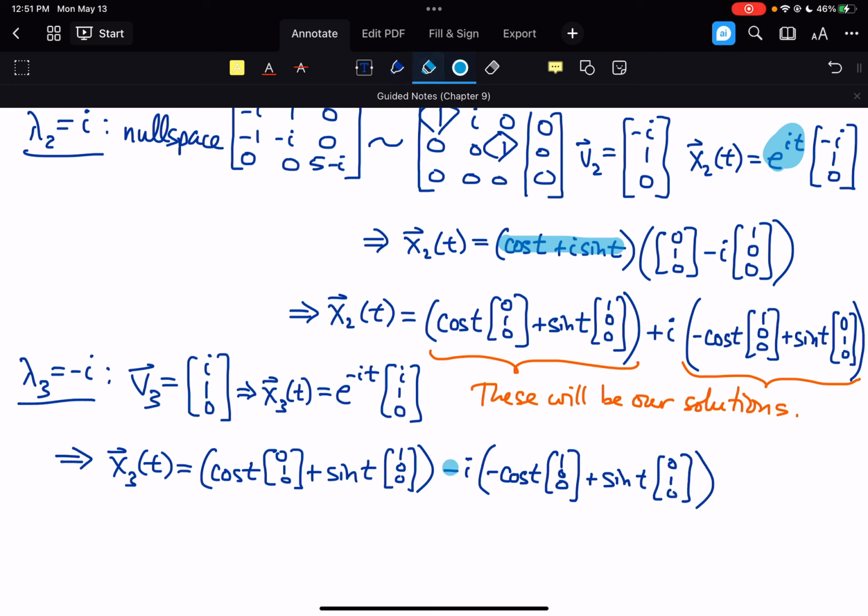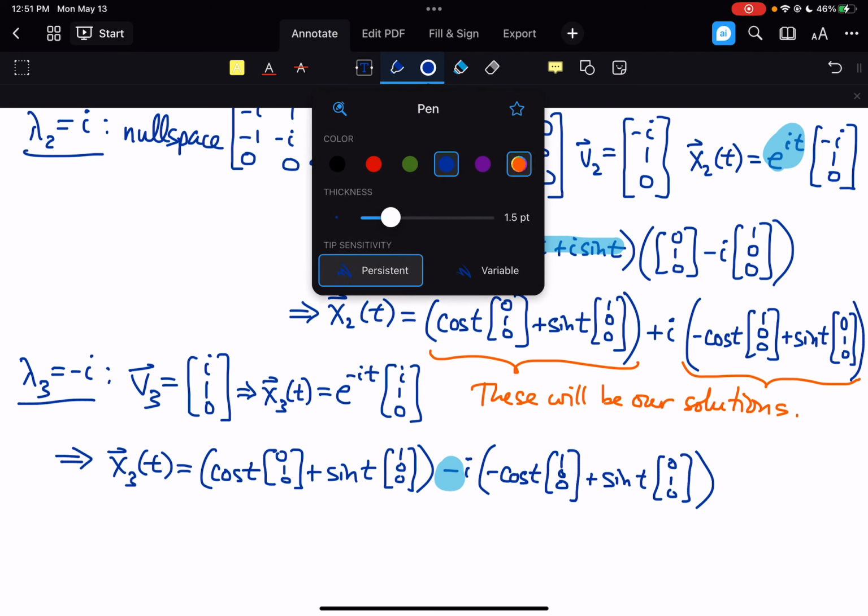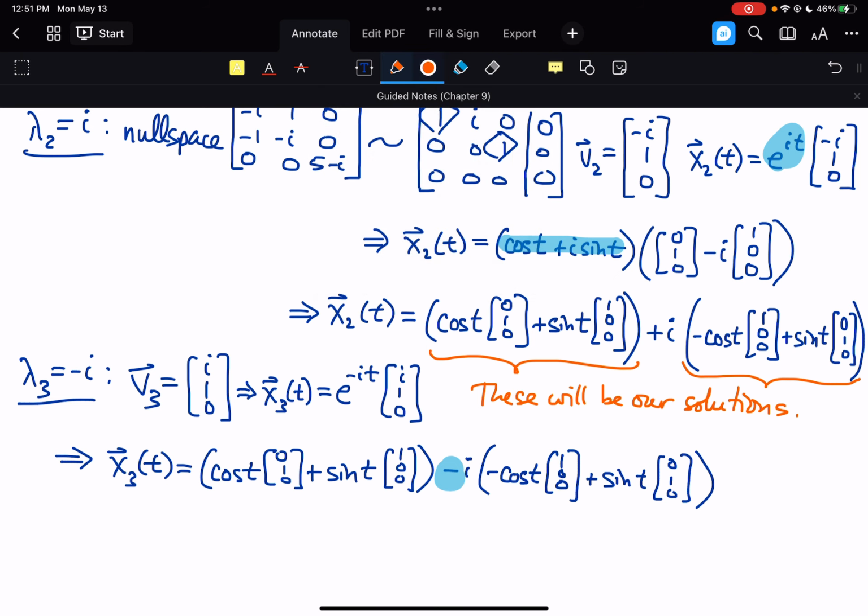So we end up getting the complex conjugate of this one: this plus i times that, and this one minus i times that. But even though these are complex conjugates, the pieces, u of t and v of t, are the same for both. So we get the same solutions.